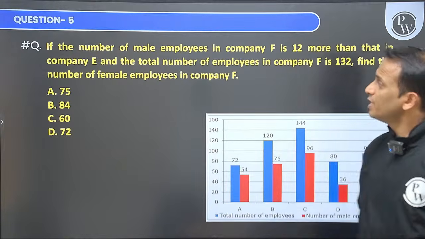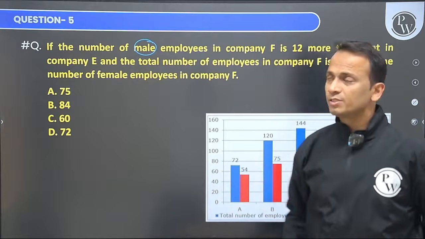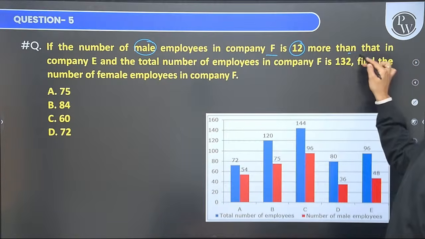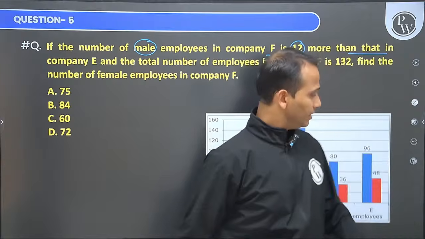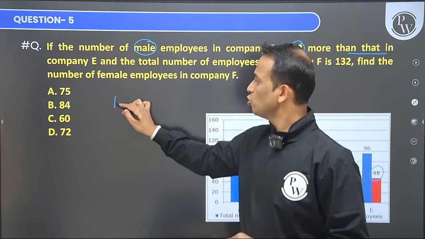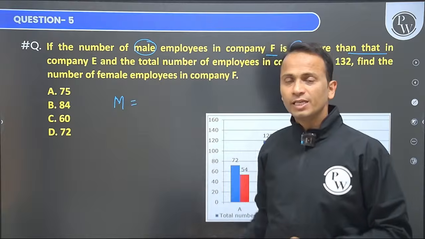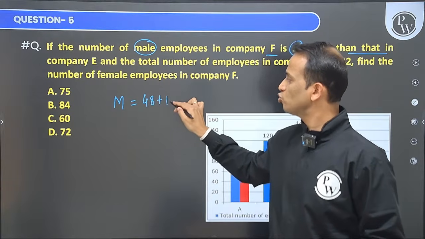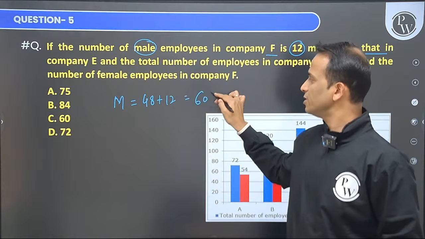So if the number of male employees in company F is 12 more than that in company E, company E number of male employees is 48. So number of male employees in company F will be 48 plus 12, that is 60.